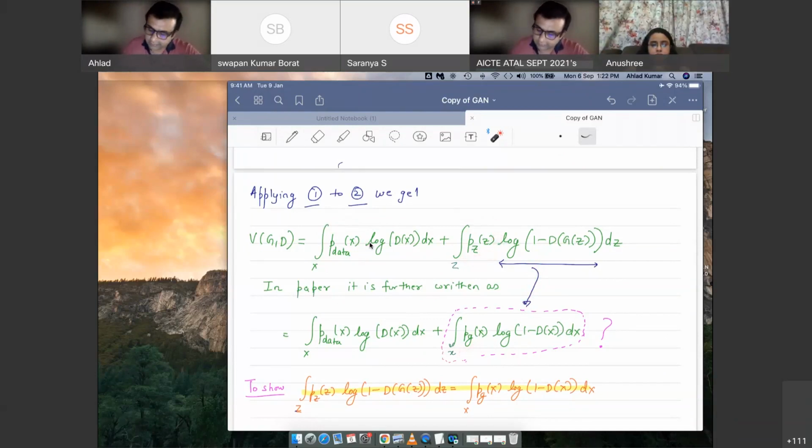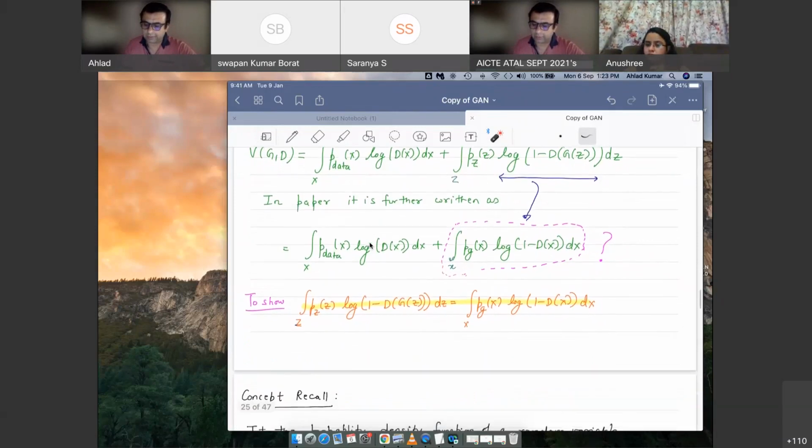It was very confusing why this probability distribution is replaced by the generator distribution, and there were some transformations here also. It took me some time to figure it out. So I'll give you a quick glance at the proof of why this pg of z is replaced by this and this G of z is replaced by x.